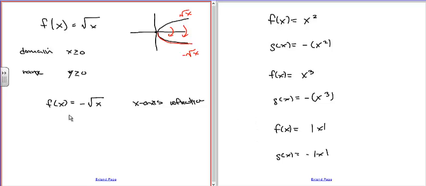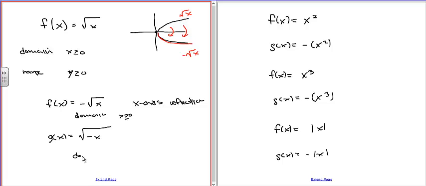Now, if you have a function where the negative sign is inside, say the square root of negative x, well, for one thing, the domain of the parent function is that x has to be greater than or equal to 0, because the argument of the square root has to be 0 or positive.